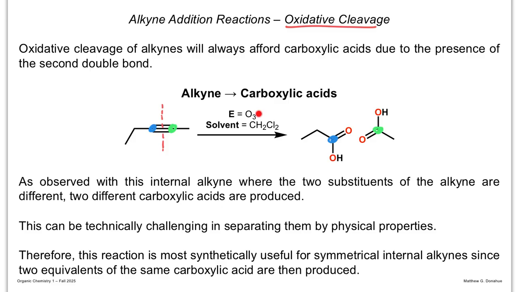To do that, we use ozone gas. If you take ozone gas and dissolve it in dichloromethane, it turns a nice kind of baby blue color. You add your alkyne, that color will go away as it's consumed. But when there's excess in there, you know that the reaction's done because the blue color is persistent. Then upon workup, we're taking those carbon atoms and making carboxylic acids out of them.